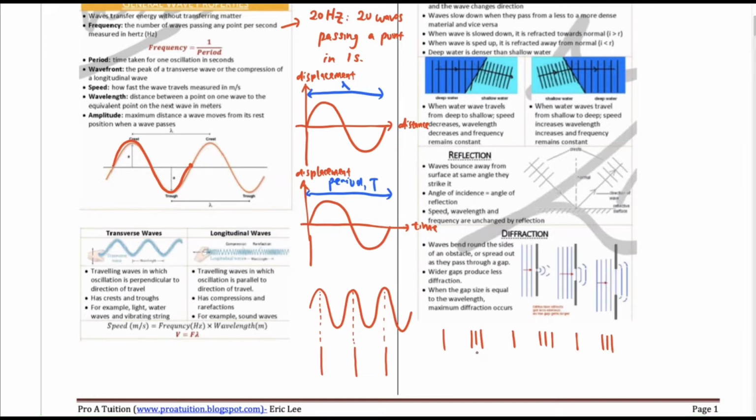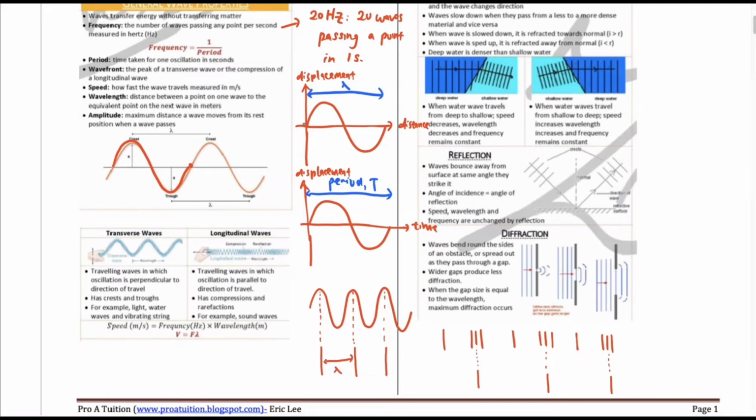And the wavefront is in the middle of the compression. You draw one line to represent the wavefront. So this is a wavefront. This is also a wavefront. So wavefronts are like that. And from one wavefront to another wavefront, you can get the wavelength.